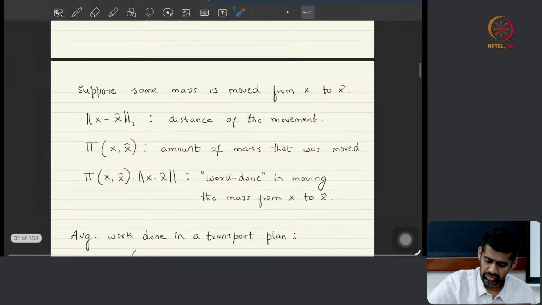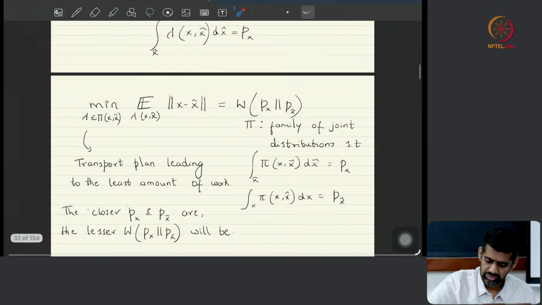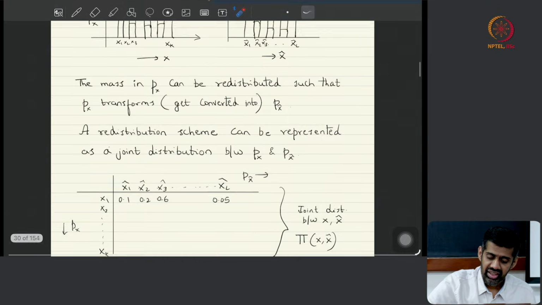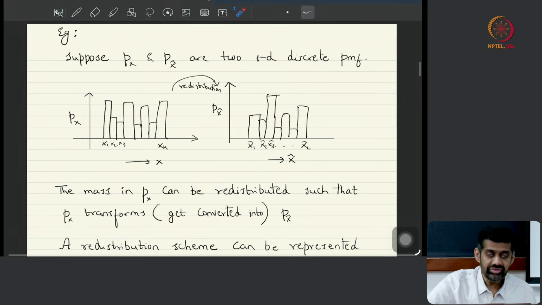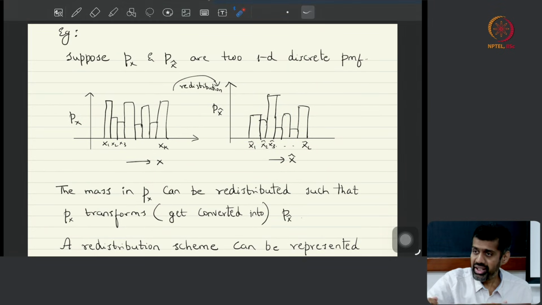I'll give a 1D example and motivate why this is a meaningful distance metric to consider, and why we have this name earth mover's distance or optimal transport. Let us say that Px and Px cap, the constraint distributions, are two 1D discrete probability mass functions.